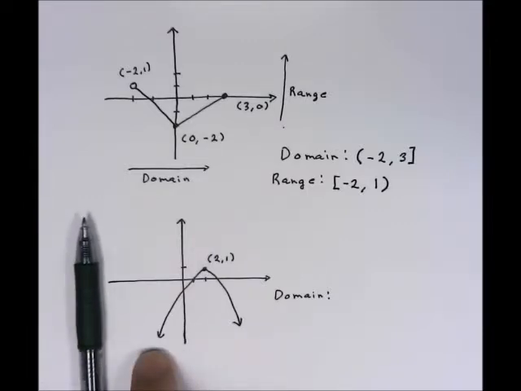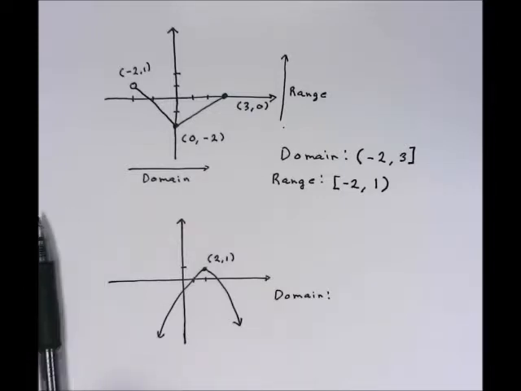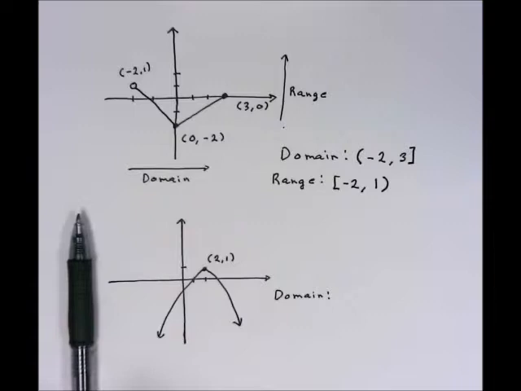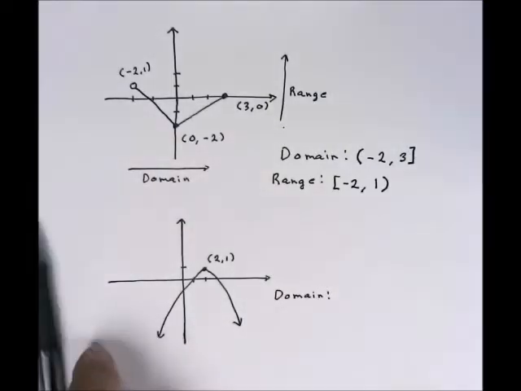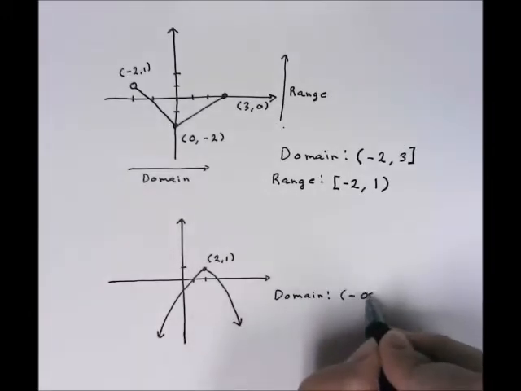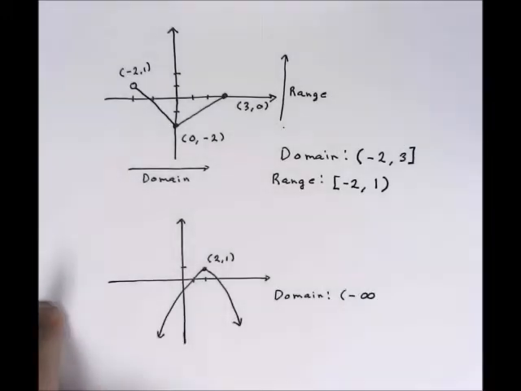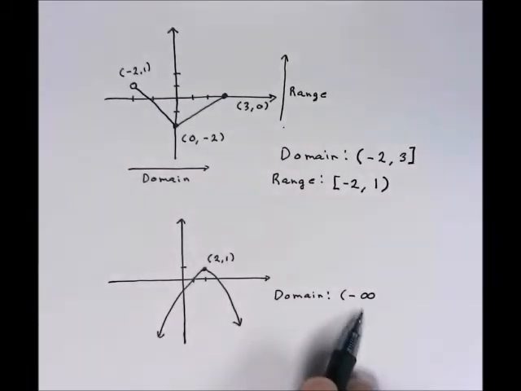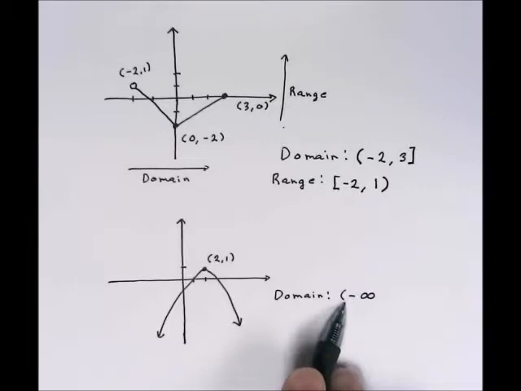It means that it's going out forever in that direction. So no matter where I put my little line, this graph is going to touch it. So basically, the x values go out this way forever, which means -infinity. And infinities, positive or negative, always get an open bracket.